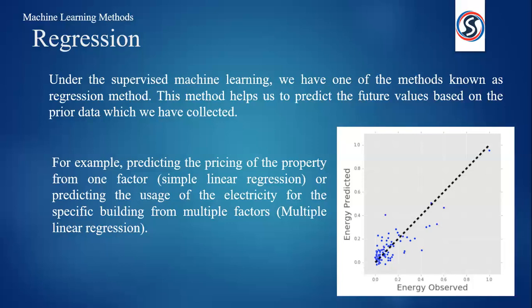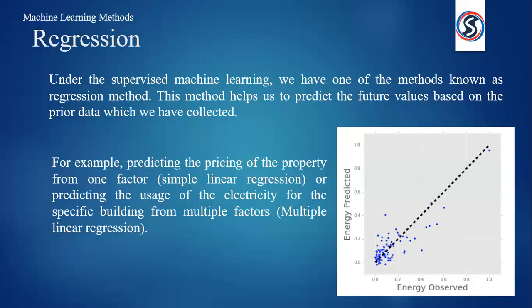In a regression problem we have continuity, or I can say we get a continuous variable. The observations are in a continuous manner, whether numerical or categorical data, but the output should be continuous.